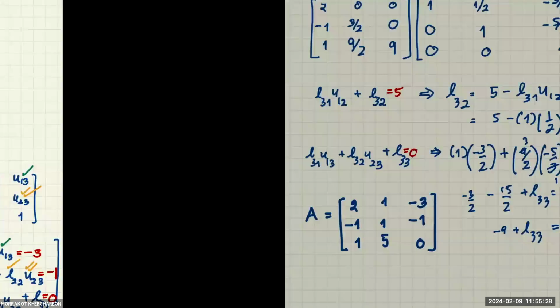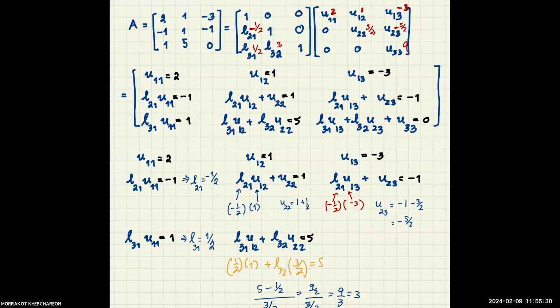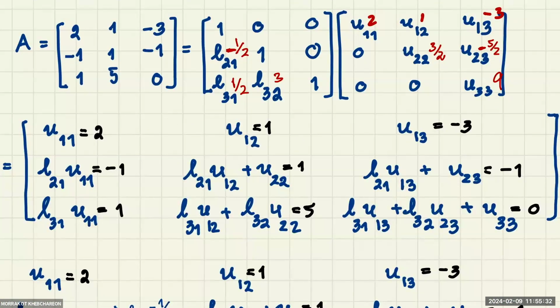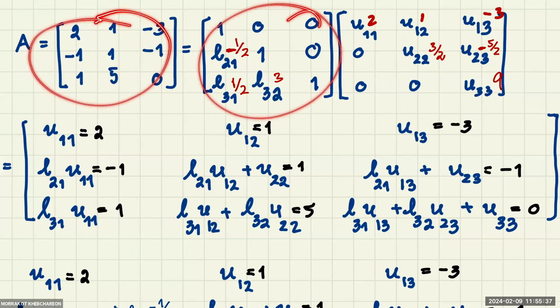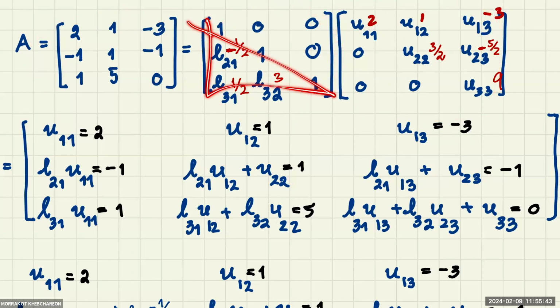Okay, and if we do the Doolittle, the same matrix A can be factored into these two matrices multiplied. The only difference is that L is the unit lower triangular matrix. So it's two different factorizations. Okay, two different factorizations.